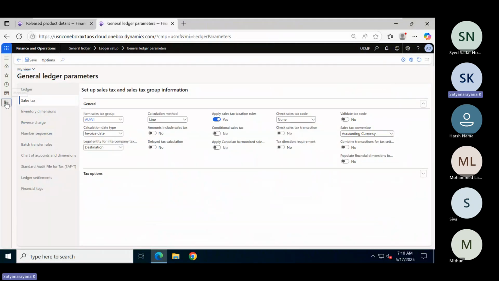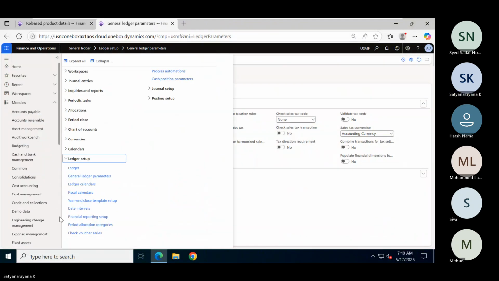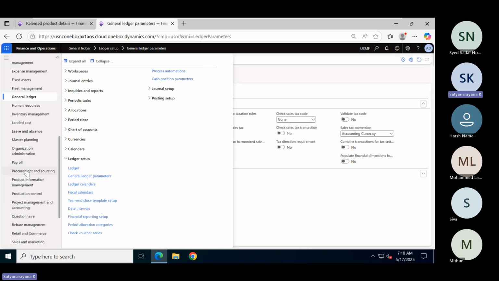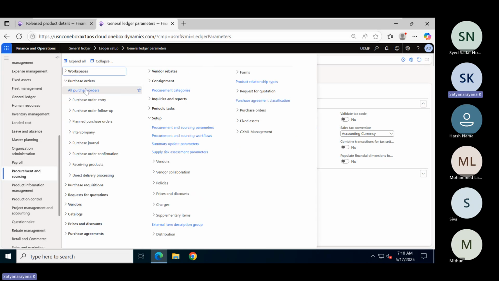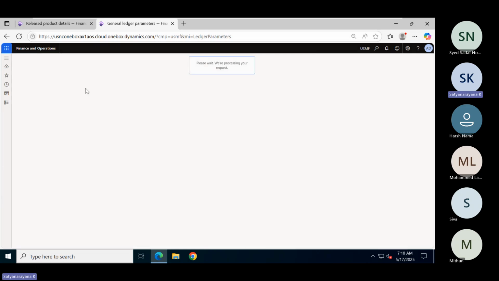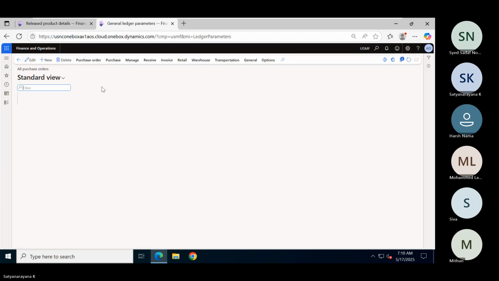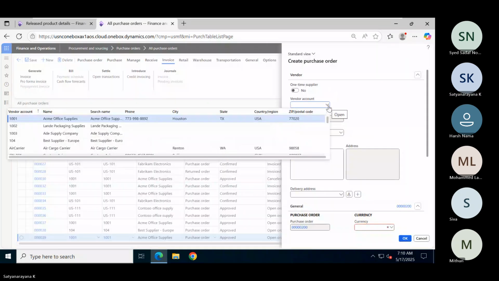Procurement and sourcing. Purchase orders, all purchase orders. Click on new. Select the vendor. I'm selecting US 101.